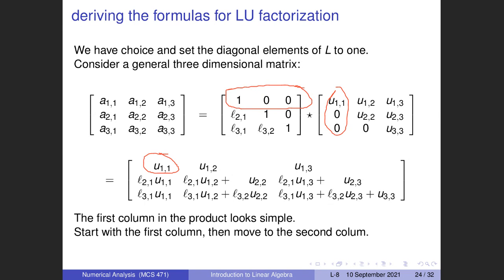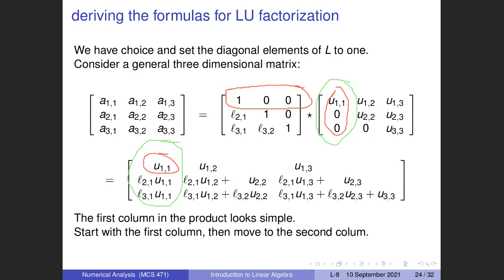And this explains why, for example, this very first column here, let me write it in green, has formulas that are extremely simple, because these formulas are for the first column. All the elements on the first column of the product are obtained by multiplying with the first column of the U matrix.